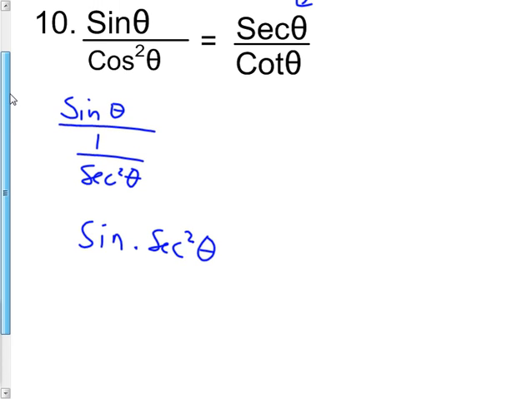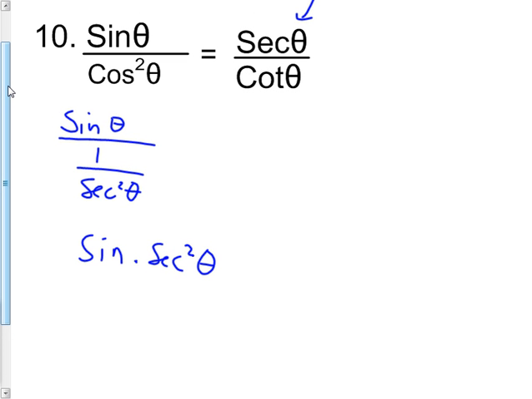Now, at some point you're going to have to do this little trick. Either it be here, like the way we started. Right now I'd have to figure out that you have to break secant squared up into 2 secants being multiplied. So I'm going to take this sine theta, set it aside for a second, and I break this secant squared theta into secant theta times secant theta.